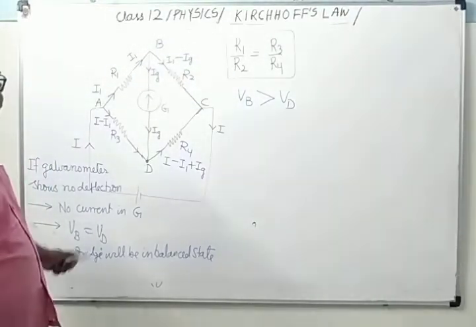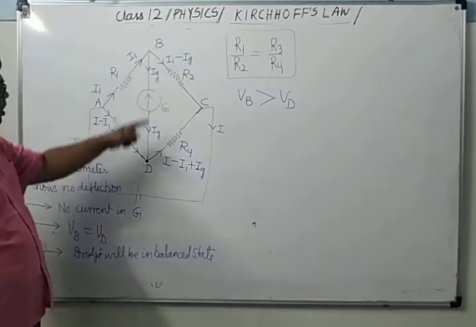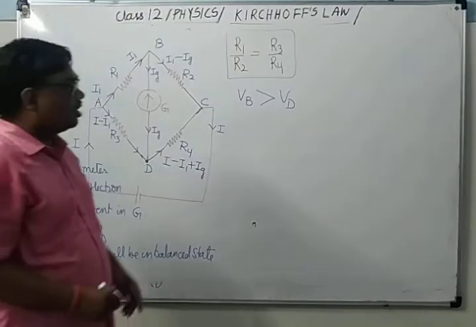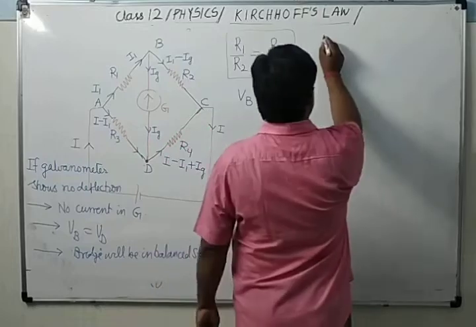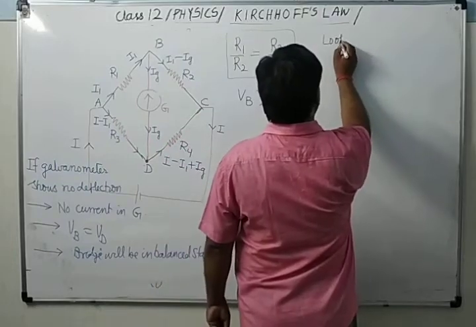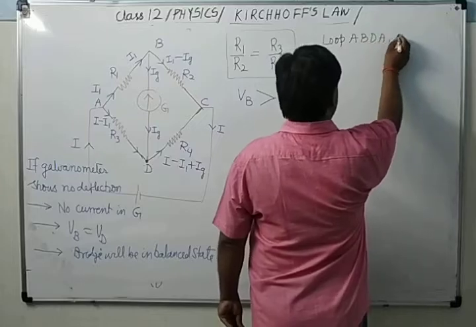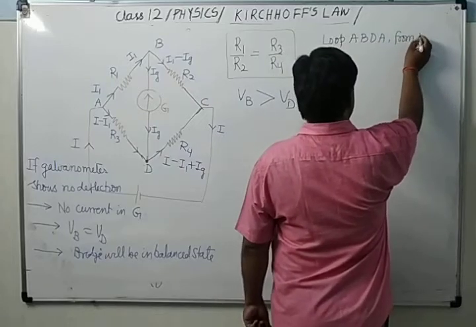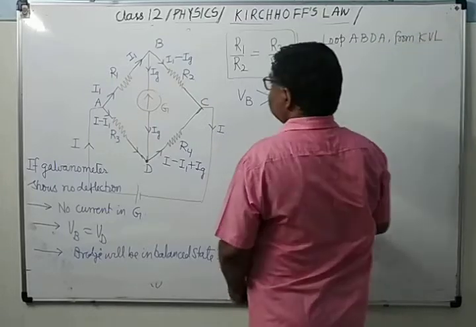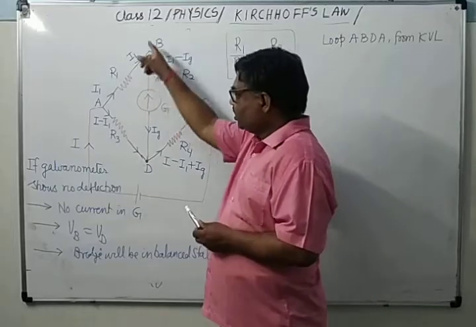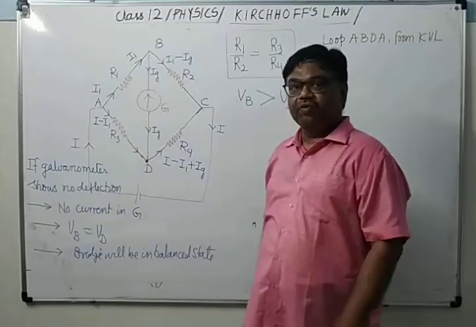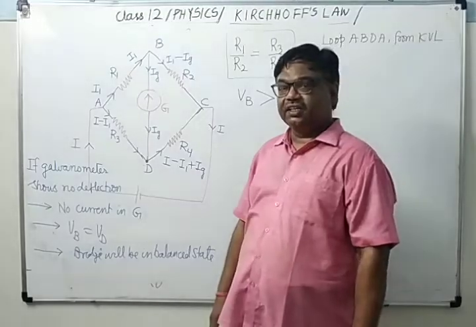So see here, first take loop A, B, D, A and apply Kirchhoff's voltage law. As you know, in this loop there is no source of EMF, only IR terms are there. It's clear.